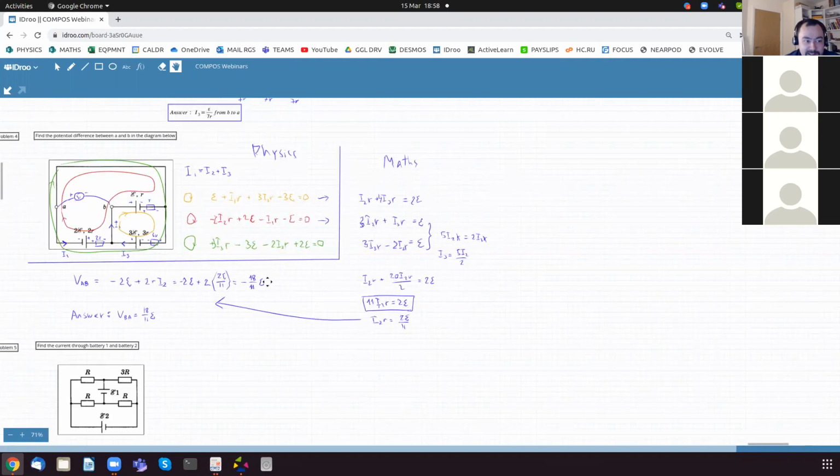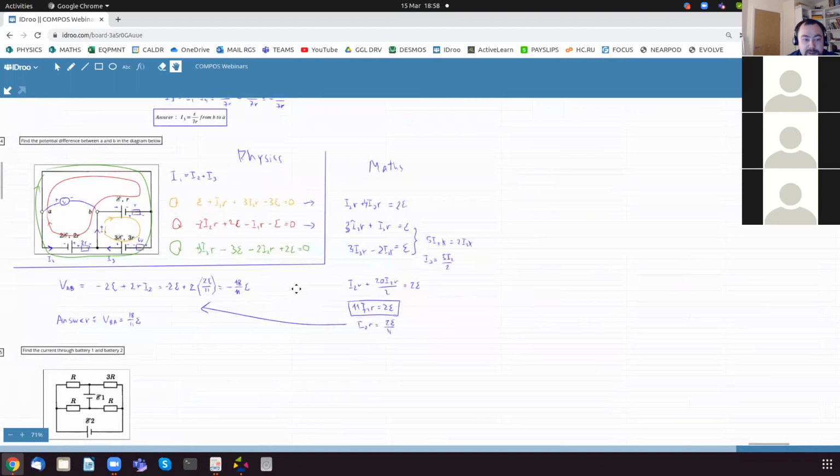If you're completely stuck, try substituting numbers. A reasonable assumption would be that small r is 1 ohm, and EMF is 10 volts, and see what you get. And once you get something, you might understand what's going on in the circuit.